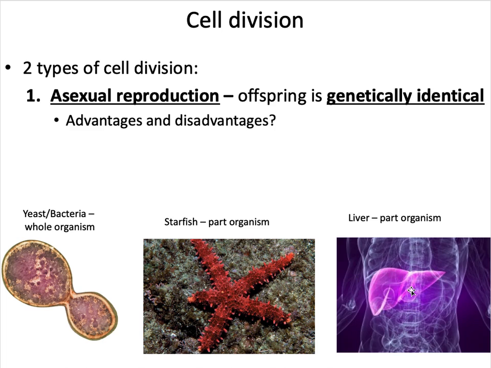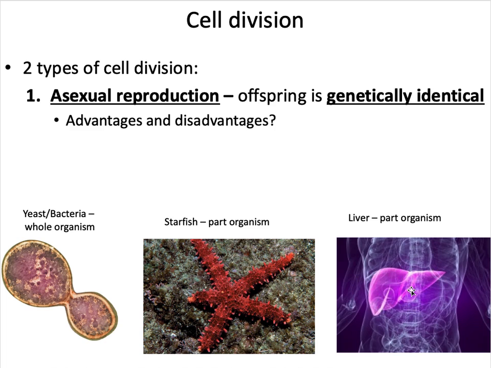If the environment is stable, then that's good because the parent cell will make offspring that are genetically identical, the same DNA, the same characteristics, the same traits, and those offspring will survive in that stable environment because they have the genes to survive and reproduce.